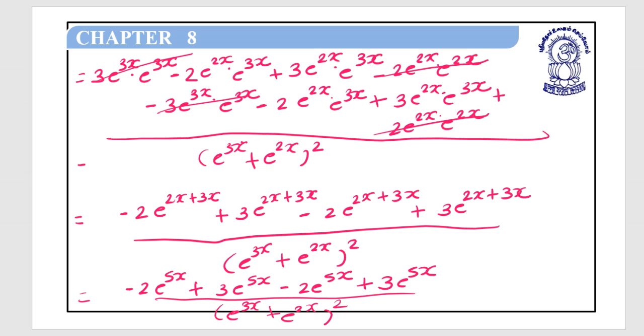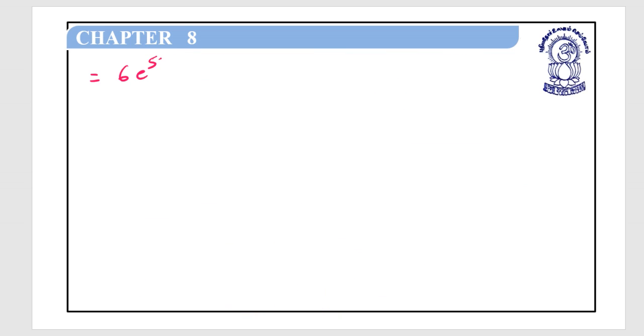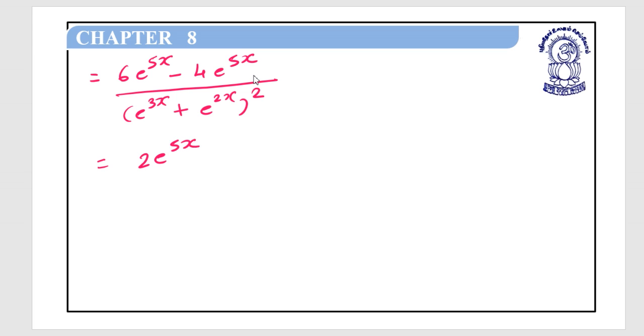Here 3 plus 3 is 6, 6 minus 4, so 6 minus 4 is 2 e raised to 5x upon e raised to 3x plus e raised to 2x whole square.